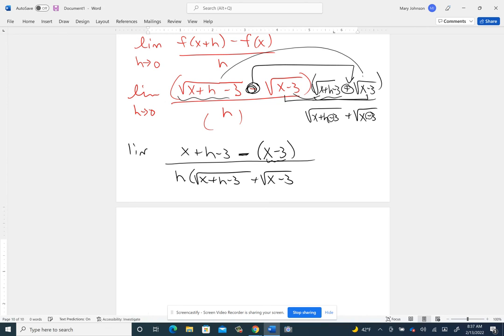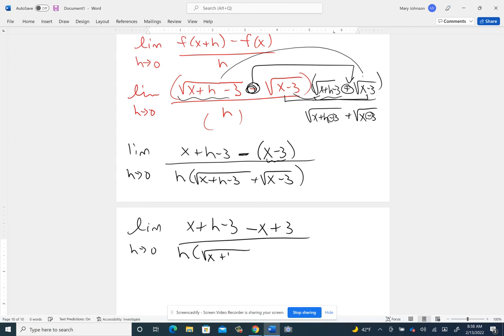You're doing the limit still as h goes to 0. We haven't done that yet. So then we wind up doing some simplifying. So on top, we have x plus h minus 3 minus x plus 3 over all this. Okay.